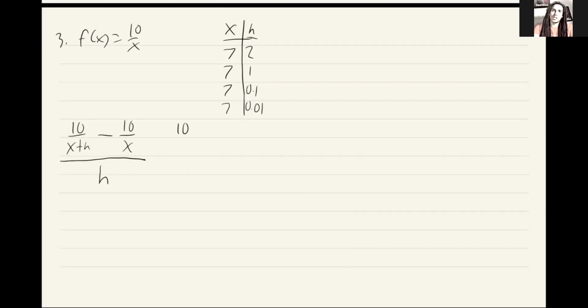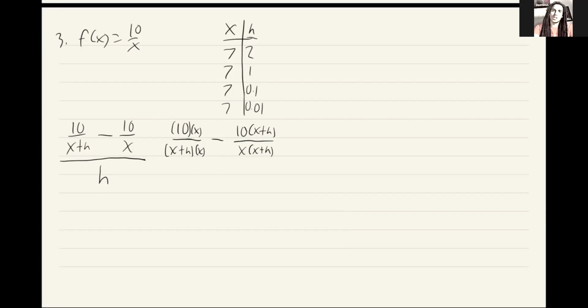Well, what we can do is multiply the first fraction by x over x. Then for the second, we can multiply by x plus h over x plus h. So that way, now what you're going to see is that both fractions have x times x plus h.